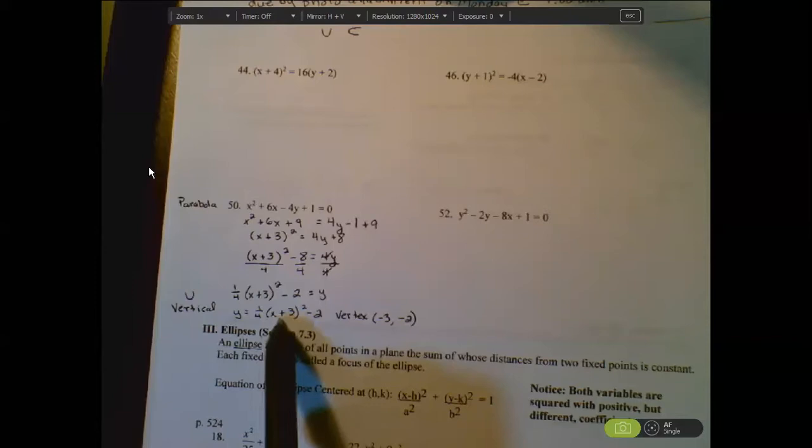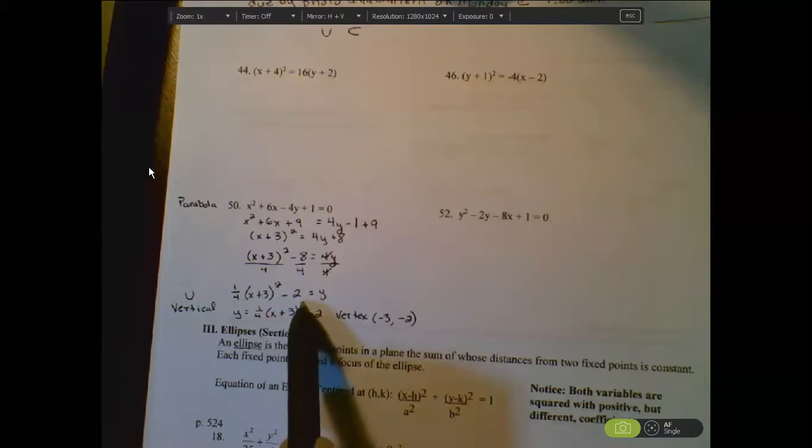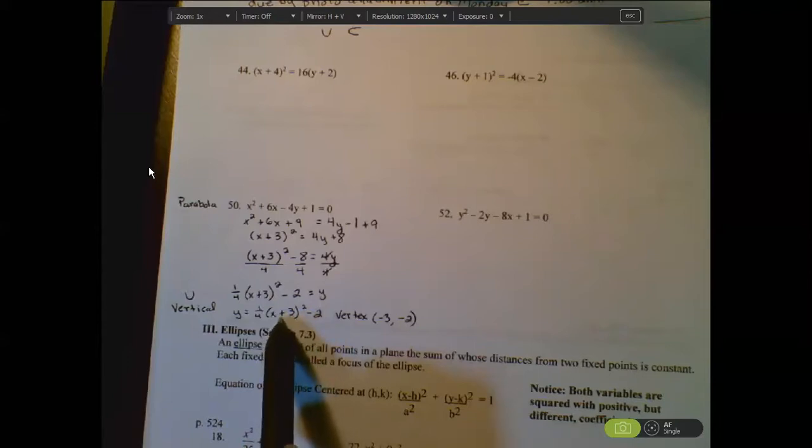But can you think of some value of x that would not give me a fraction here, just to make it easier to graph? You can squint hard and tell me, what could I let x be that I could take a fourth of this whole thing?